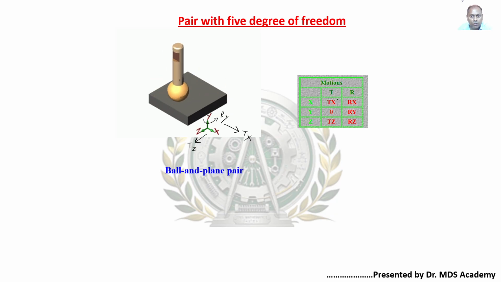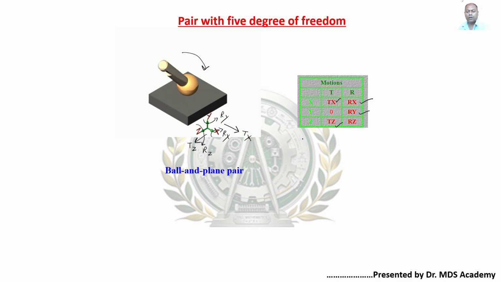So Tx is present, Tz is present, Ry is present. Is it rotating about x also? Yes, it is rotating about Rx also. Is it rotating about the z-axis also? Yes, it just rotated, Rz. See here, it rotated like this.